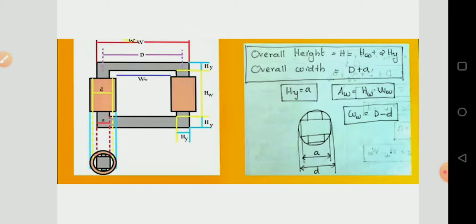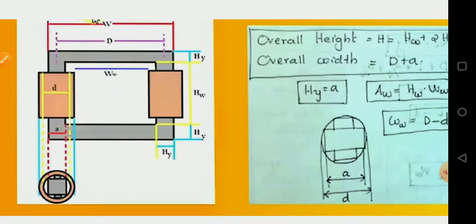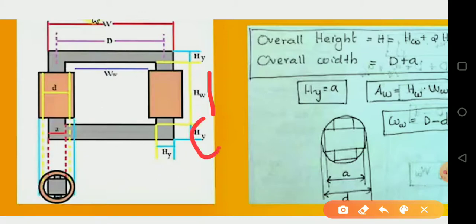Now this is the wound core structure. Here we can see this is the single phase core type transformer. Here the distance from this core to this is D. SW is the height of the window, this is HY.